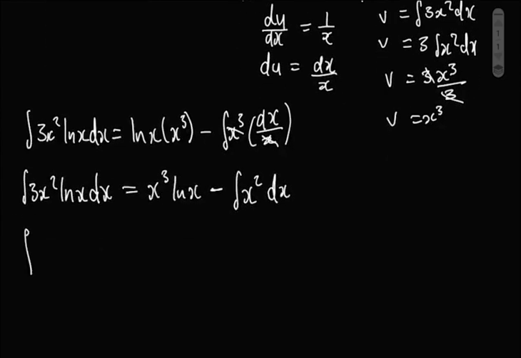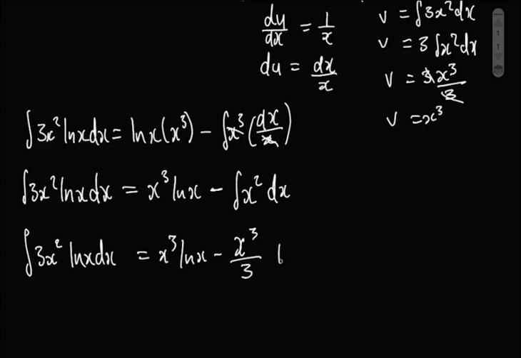Therefore, the integral of 3x squared ln x with respect to x is equal to x cubed ln x minus, here the integral would be x to the 3 over the new power 3. And then, because it's the end, we add the constant of integration c. And this would be your final answer, okay? You would have found the answer.